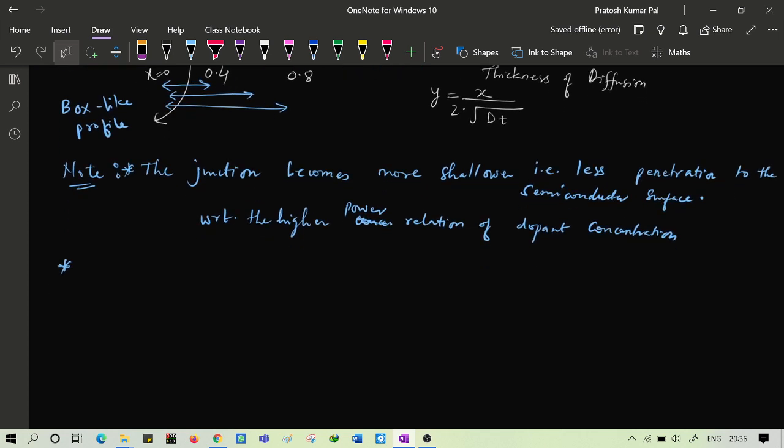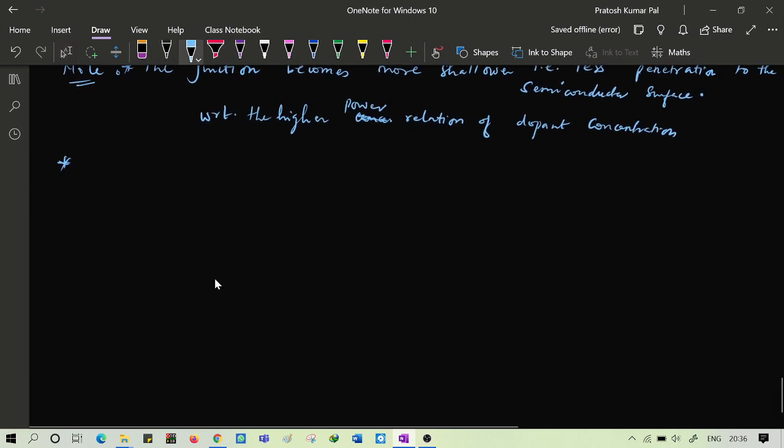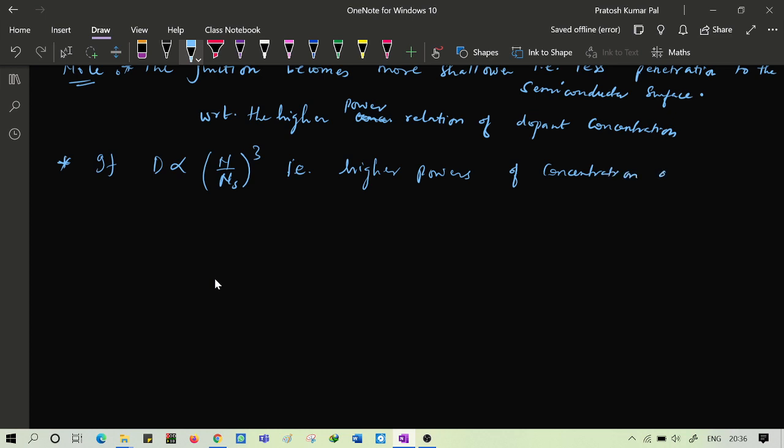Some more points we will see. So if D has a relation like n divided by ns to the power 3, that is higher powers of concentration of dopant, then it forms basically a box like profile.